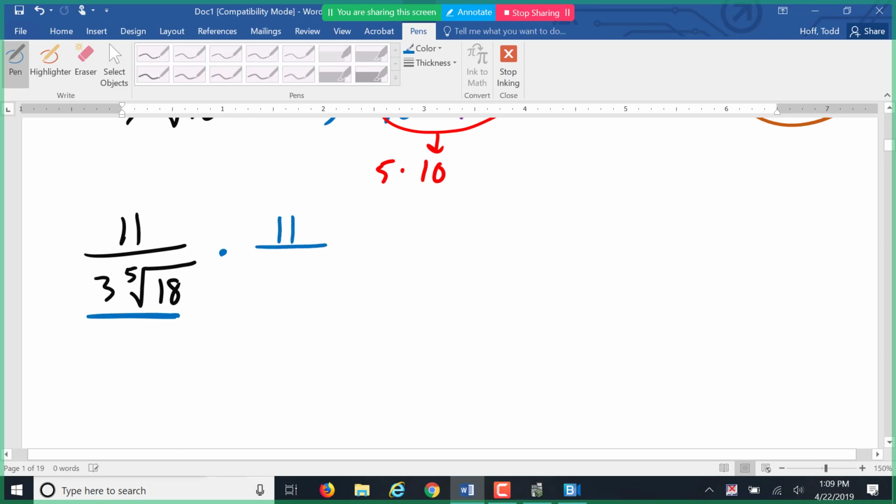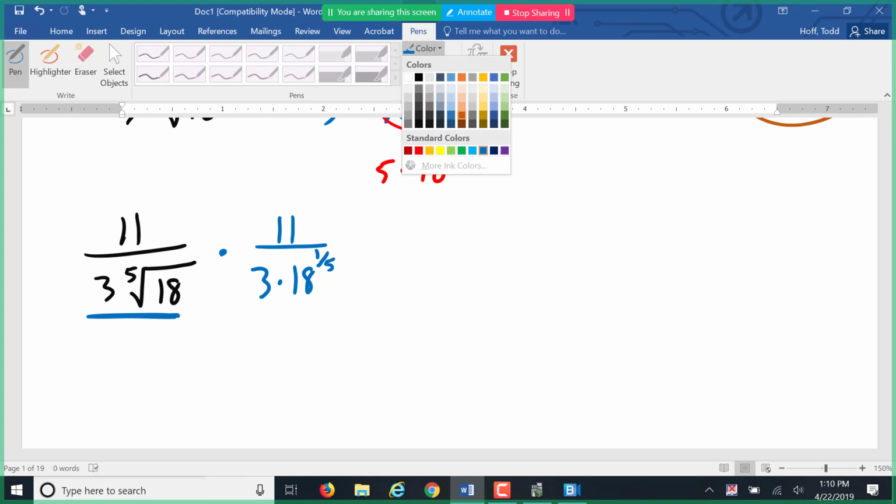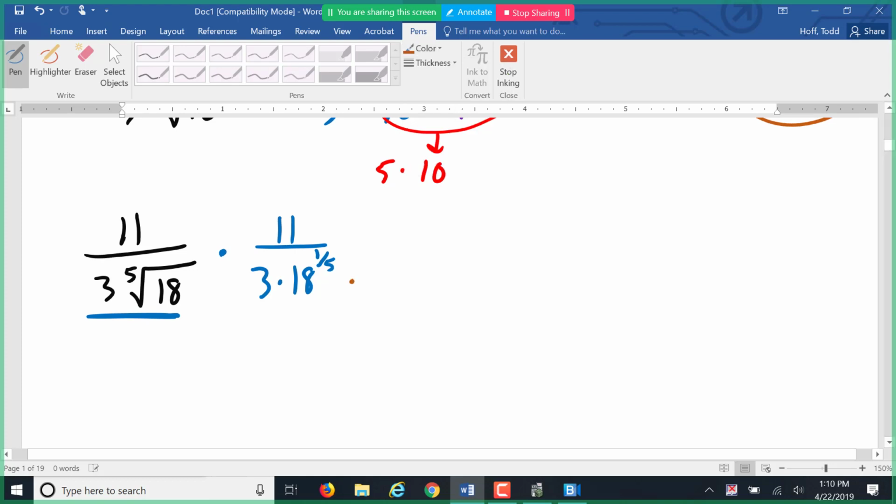How am I going to rewrite this denominator? 3 times the 5th root of 18 is going to become 3 times what? 18 to the power of 1/5. To get rid of that radical, what do I need to multiply that by? 18 to the 4/5. Very good.